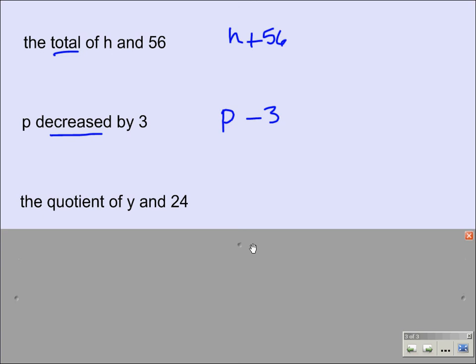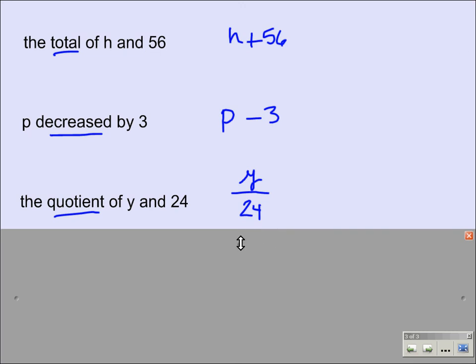The next one we're going to look at is the quotient of Y and 24. We know that quotient is division, and like I mentioned earlier, we want to use a fraction bar and move away from the division sign. So the quotient of Y and 24: the first number would be the numerator, the second number would be the denominator.